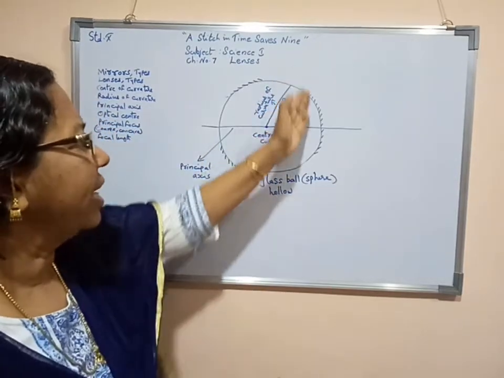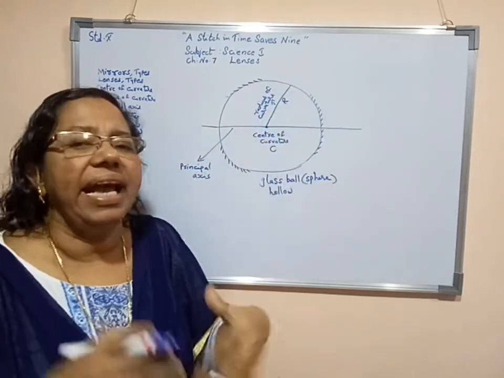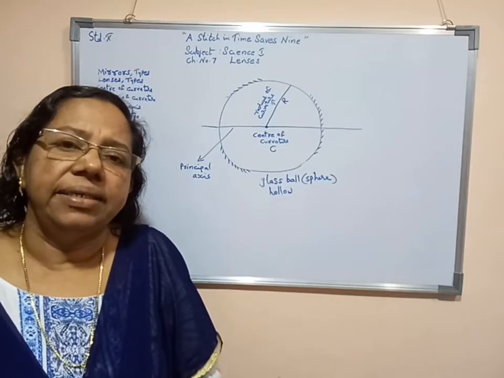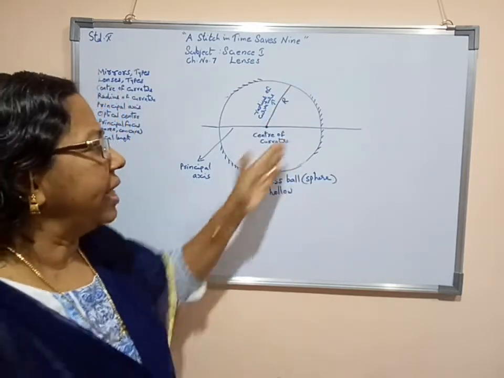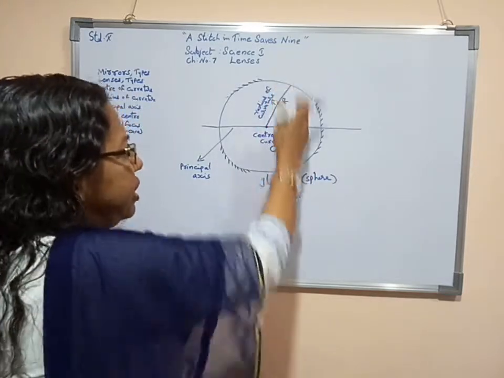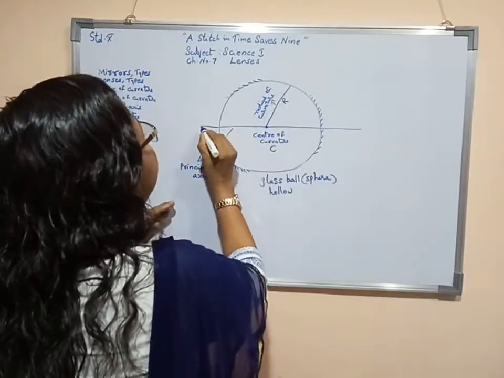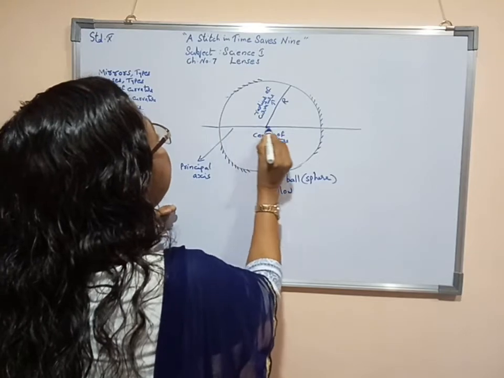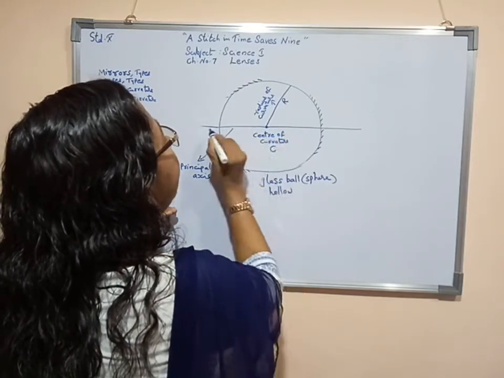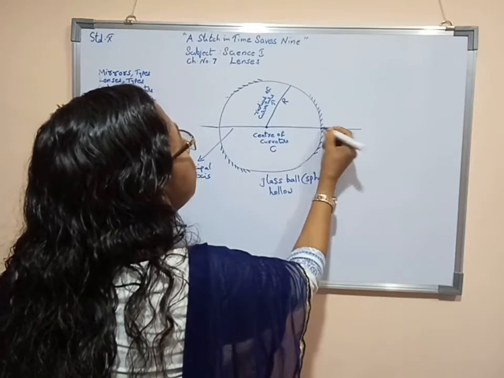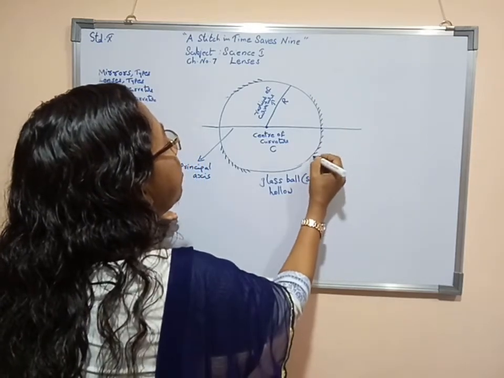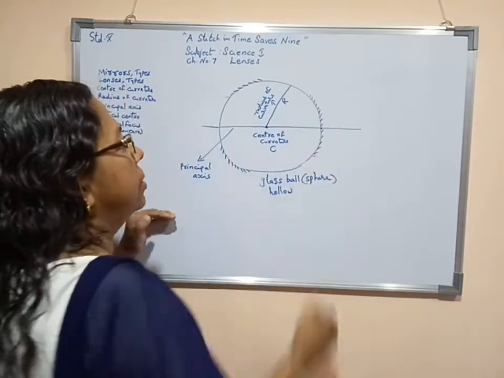So the part we are cutting and removing can act as a spherical mirror. If we cut and remove this side, this part, then a line passing through the center of curvature passes through this part of the mirror.